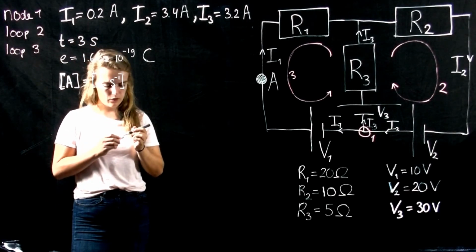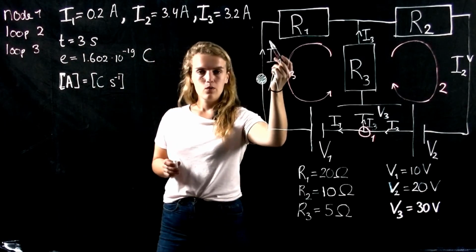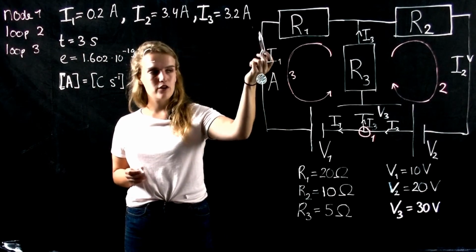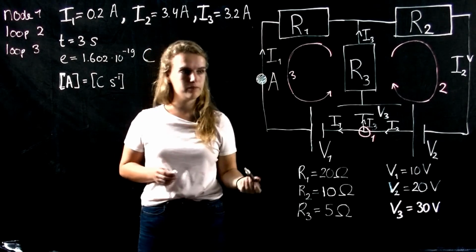To find this, we have current I1. What is important is that electrons are negatively charged, so the current is in this direction, but the electrons move in this direction.